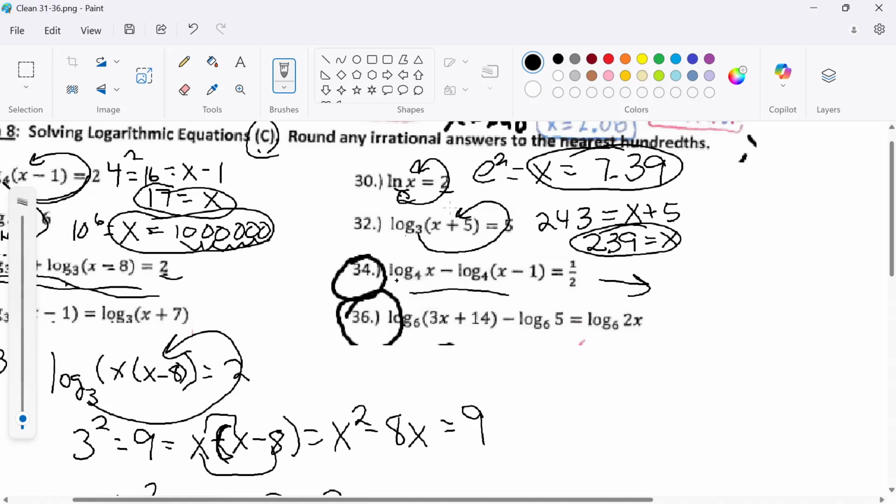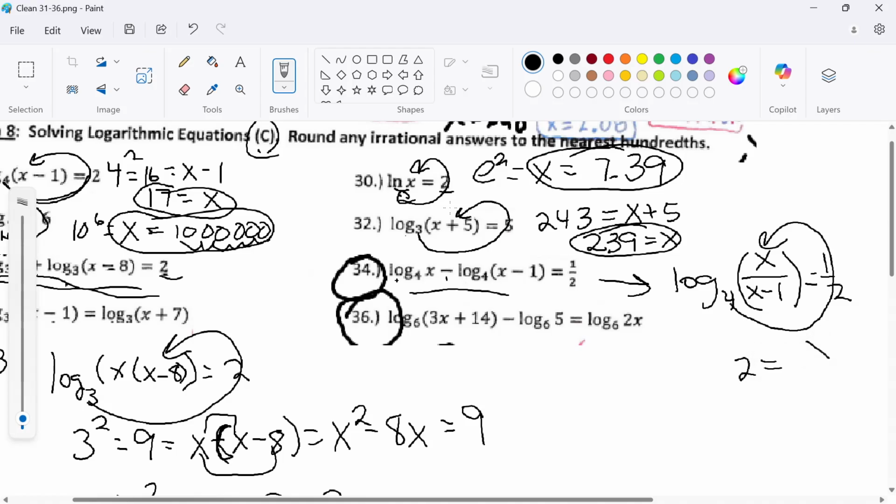So I'll combine these. Since it's negative, I will divide. It's log base 4 of x divided by x minus 1 equals 1/2. Now I will do the fishhook. 4 to the 1/2 power, which is the square root of 4, which is 2, equals x over x minus 1.